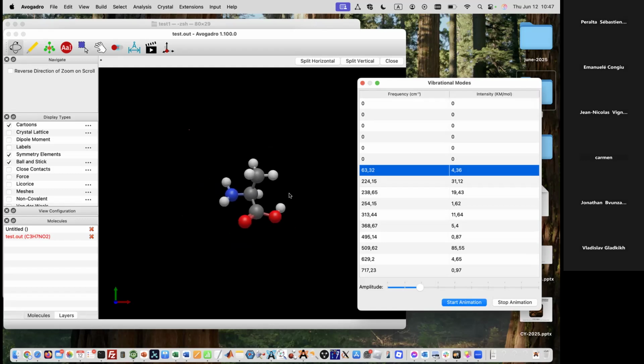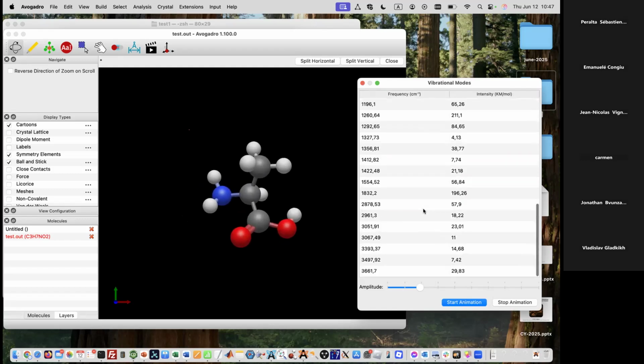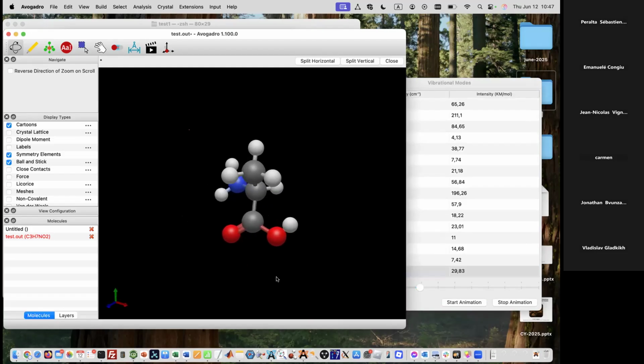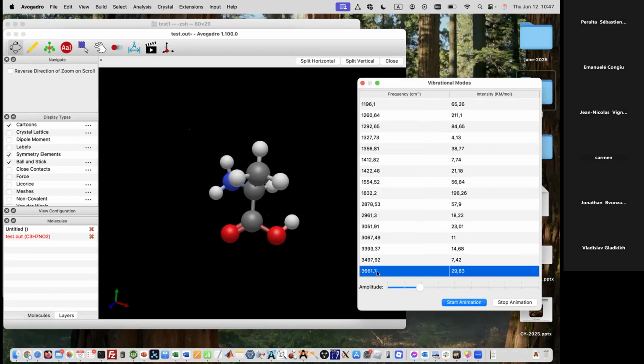If you want to check the vibrations, you can select a vibration and start the animation, and you can see what kind of motion corresponds to the vibration shown here.